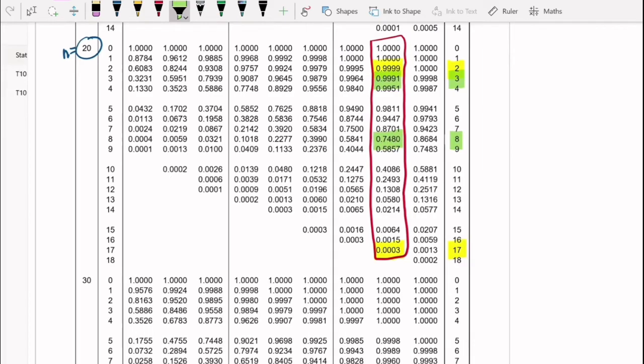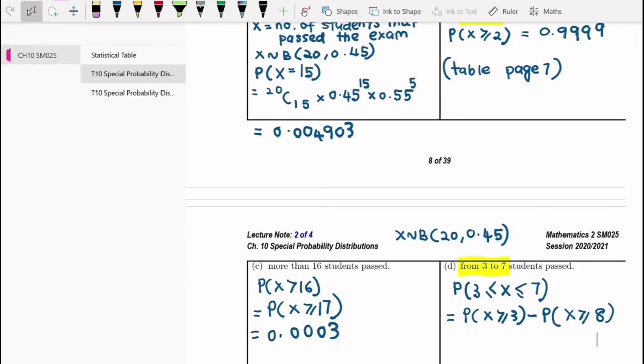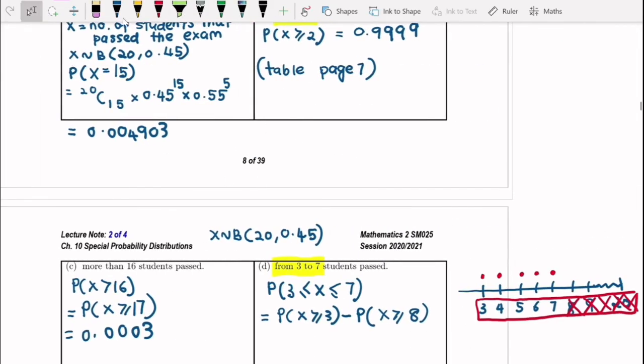Always remember, the binomial table only gives greater equal values. From the table page 7, probability x greater equals to 3 is equal to 0.9991. Probability x greater equals to 8 is equal to 0.7480. So the final answer is 0.2511.